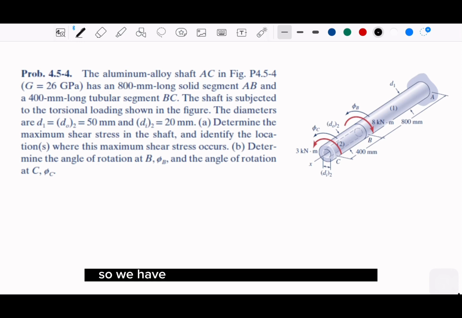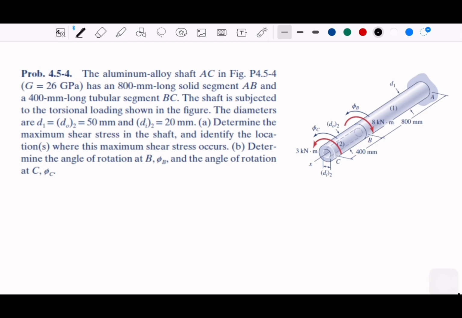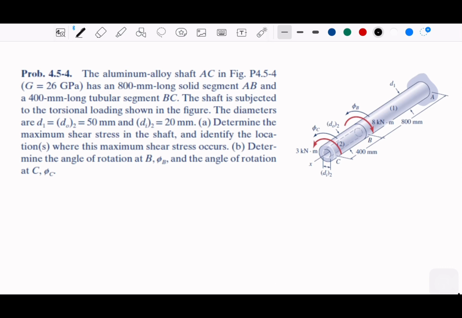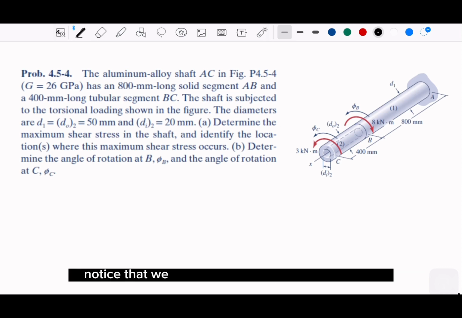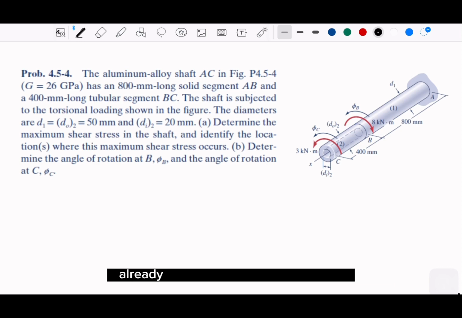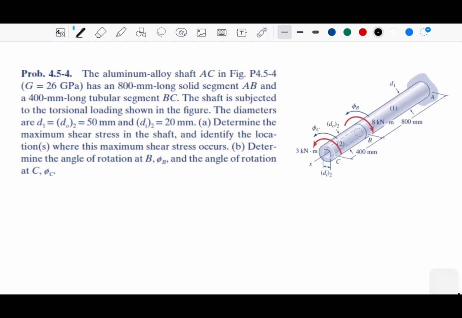So we can see points A, B, C, and the shaft is made up of two components. Notice that the question is already giving you 1 and 2, so it's giving you this information.